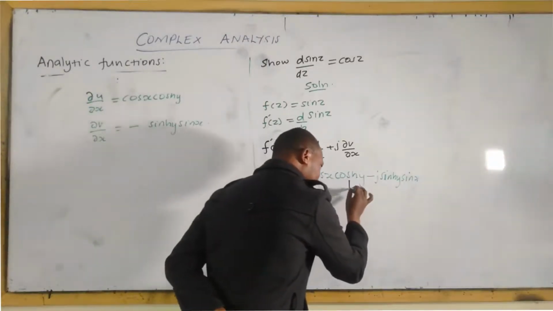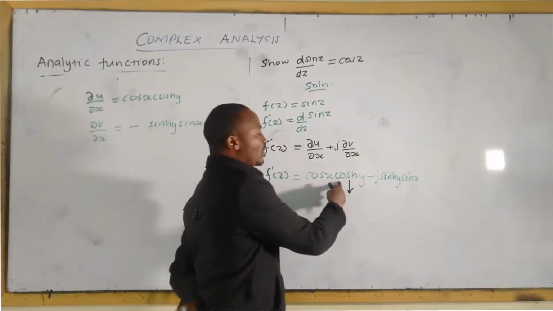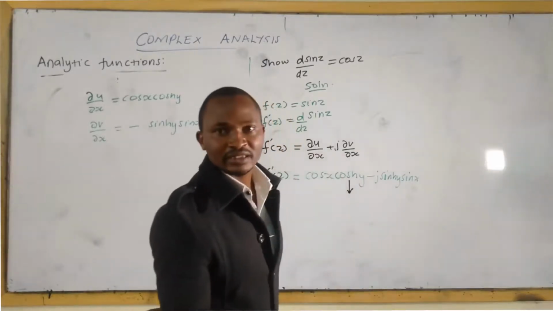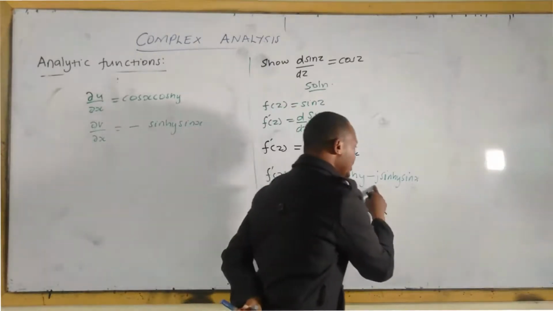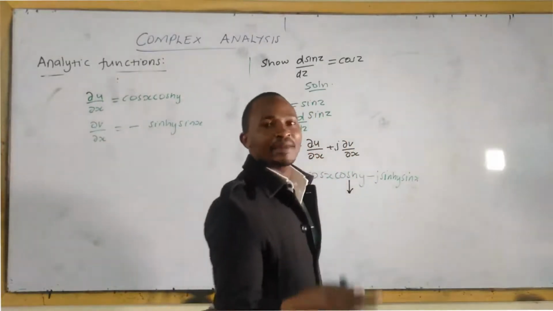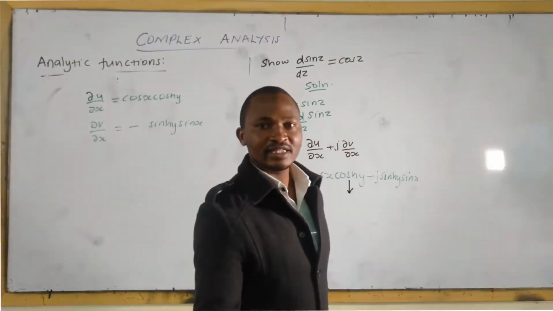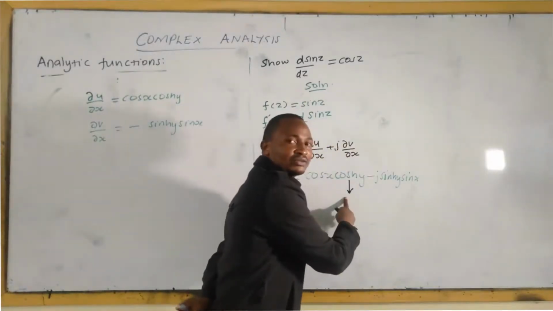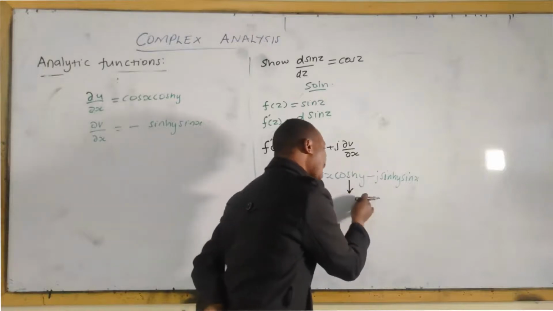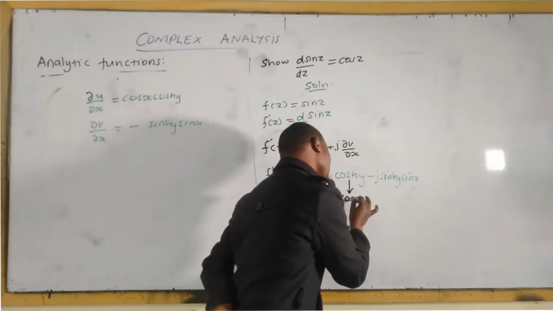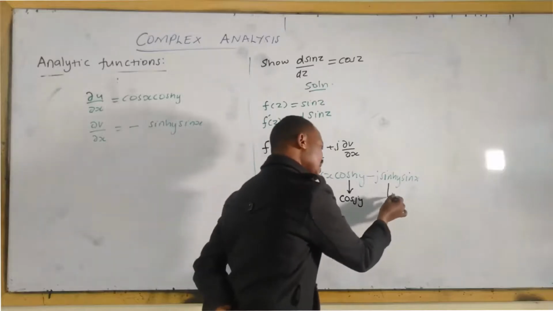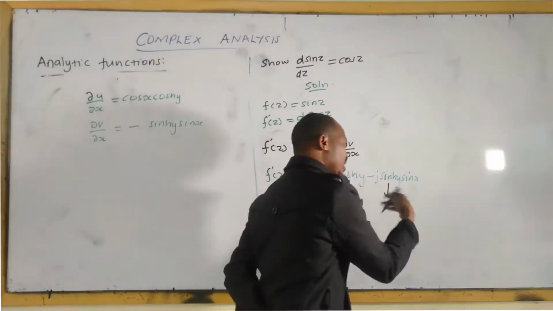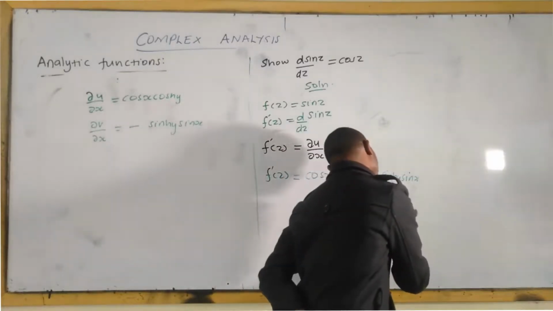So remember here, this hyperbolic cos y, hyperbolic cosine of y, we can change it back to trigonometric function. J sin y, hyperbolic sine of y, we can change back to trigonometric. Changing this one to trigonometric will be cos y is equal to cos jy. Changing this one to trigonometric, j sin y is sin jy.